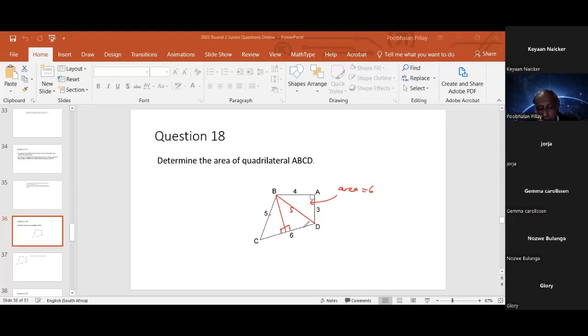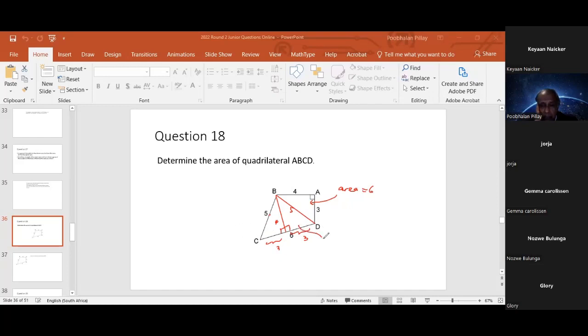So therefore, these two must be equal here. This will be 3, this will be 3. Okay? And once again, you've got a right angle triangle, 5 and 3. So this must be 4, that height. 5, 3, 4. And now you have the height of this isosceles triangle. It's 4.